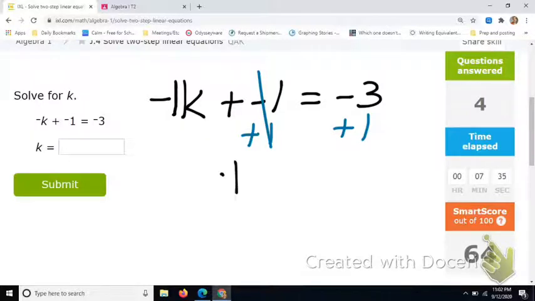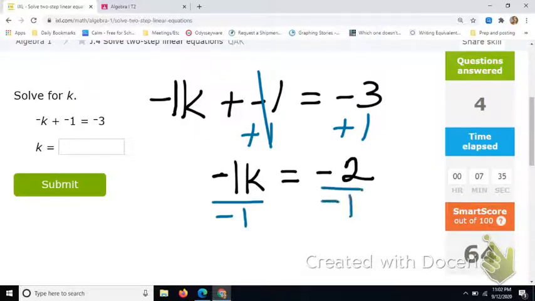So then negative 1k is equal to the opposite sign, so negative 2. Had to subtract, bigger number was negative. And now to get the k by itself, I'm dividing by negative 1. Or you could think, if the opposite of k is negative 2, k must be positive 2.